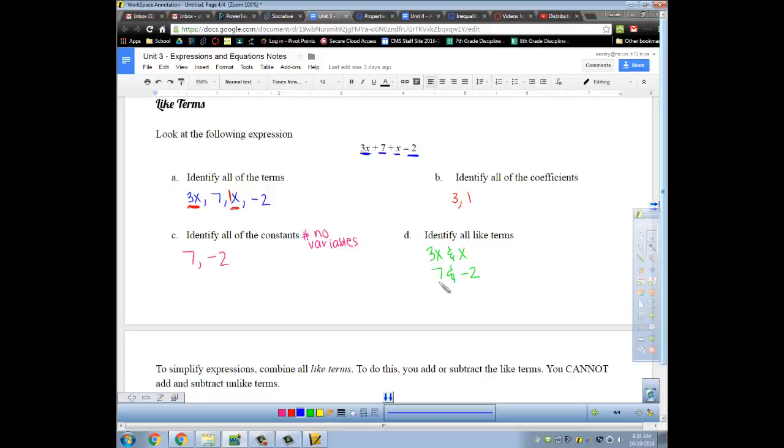So 3x and 7 are not like terms because one has an x, one doesn't. x and negative 2 are not like terms because this one has an x, this one doesn't. So like terms have to have the exact same variable or no variable at all. One important rule is you can only add and subtract like terms. So we're about to go over that.